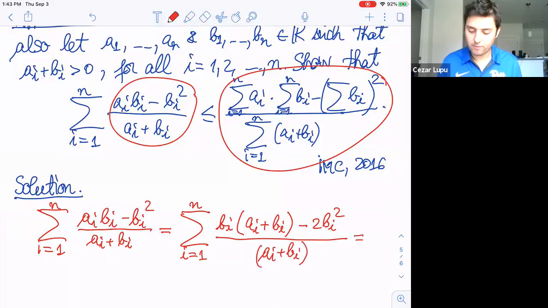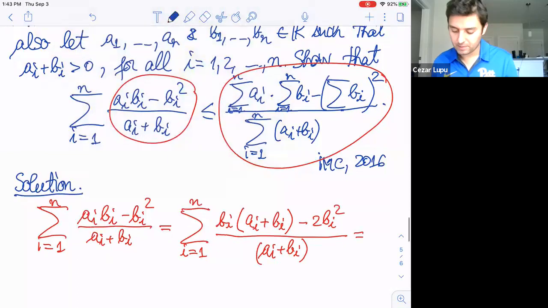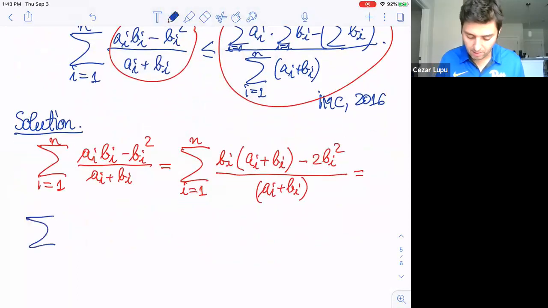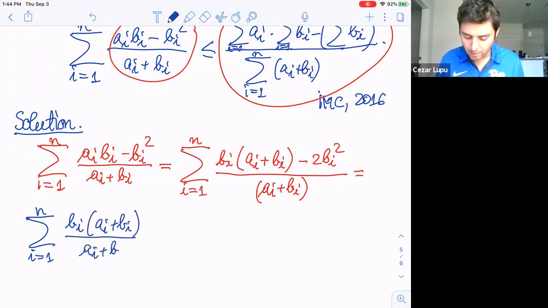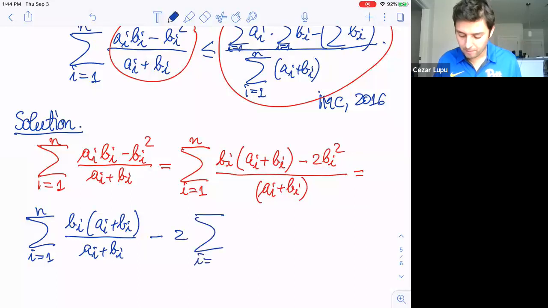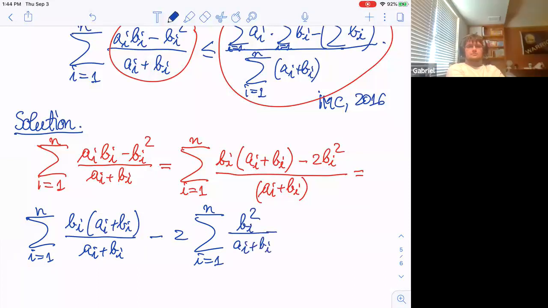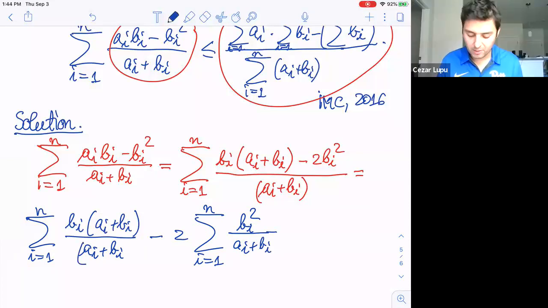Because now my life becomes easy, right? This is nothing else than just the sum of b_i times (a_i plus b_i) over a_i plus b_i, minus 2 times the sum of b_i squared over a_i plus b_i, right? And now you can look here.